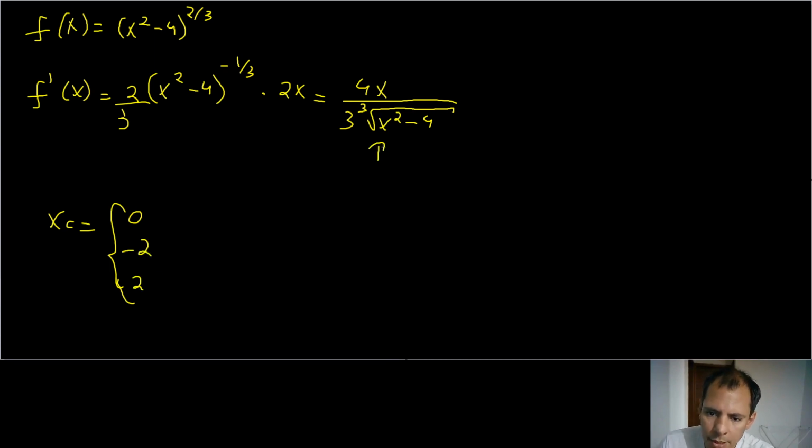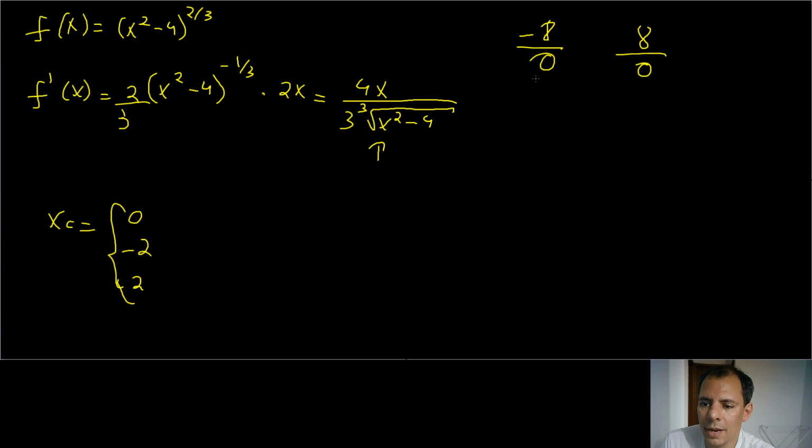How do I know that? Because if you put a minus 2 here, minus 2 squared, 4 minus 4 is 0, and then you have the cubic root of 0, which is 0, times 3, 0. So if you put a negative 2 in here, you're going to have negative 8 divided by 0. If you put a 2, you're going to have a positive 8 divided by 0.